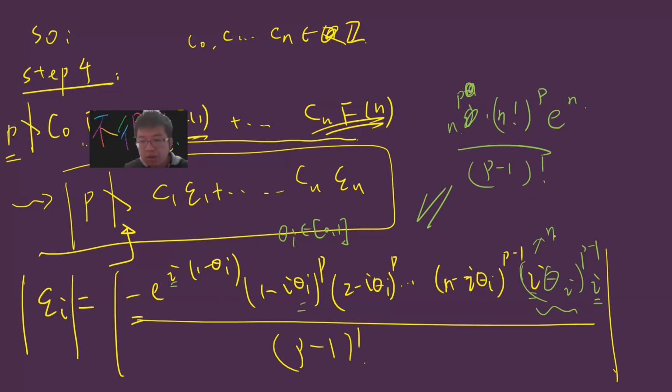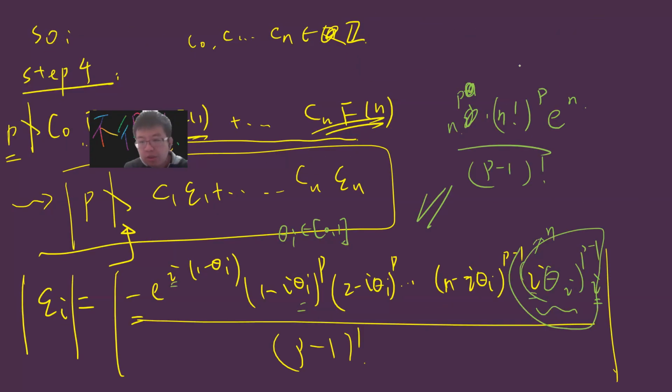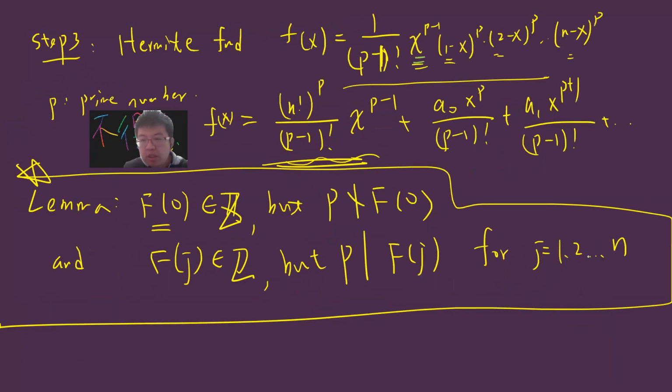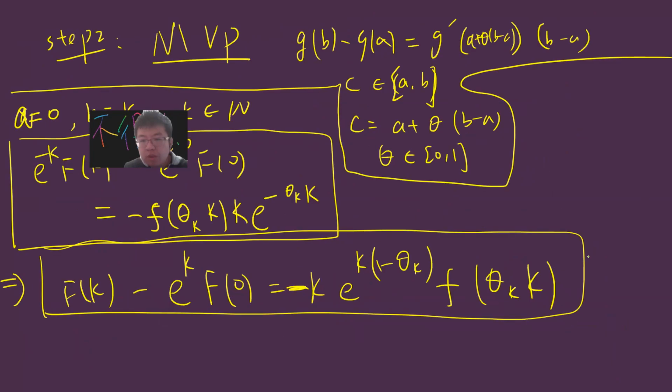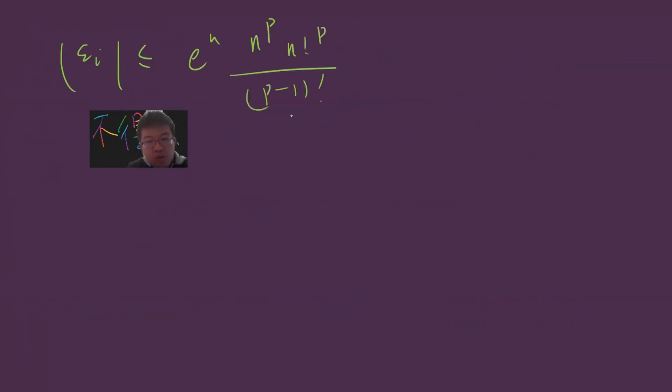Okay, so this term comes from the definition, right? You get n to the p minus 1, and then there's a remaining i that comes from here. But don't worry. So your result will be that epsilon i is bounded by e to the n, n to the p, n factorial to the p, over p minus 1 factorial. Actually, you don't care about this one.